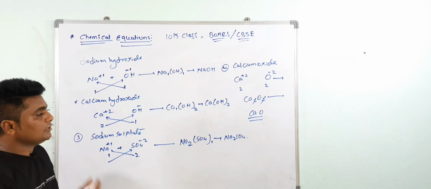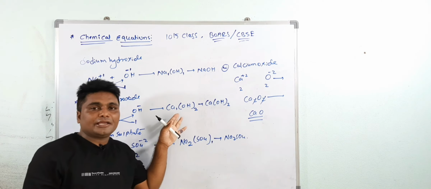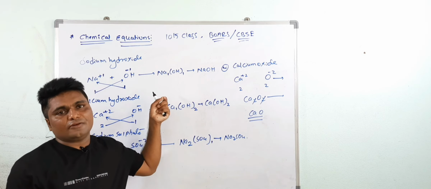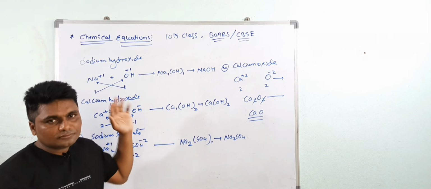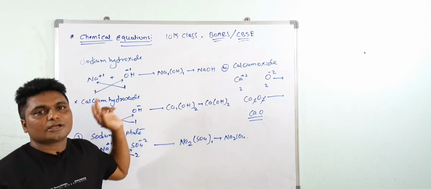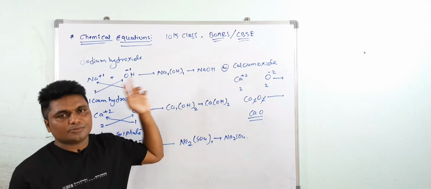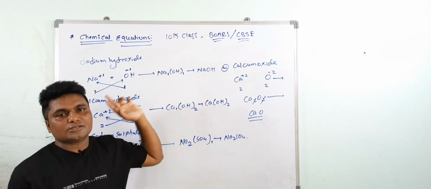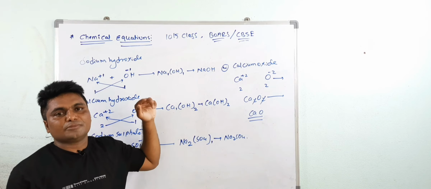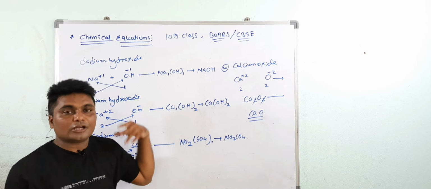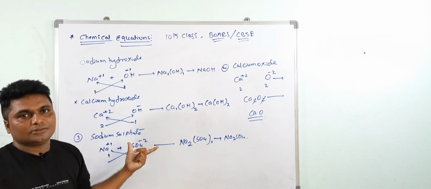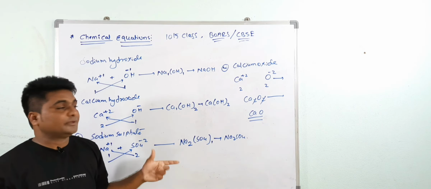In this class I gave around 12 cations and 11 anions. Take one cation, for example calcium, and combine it with OH: calcium hydroxide. Combined with chloride: calcium chloride; then calcium bromide, calcium sulfate, calcium nitrate, calcium phosphate, calcium nitrite, calcium nitride. Whatever you want, you can write it using the same method. Understood? I will give some more examples. First write it.